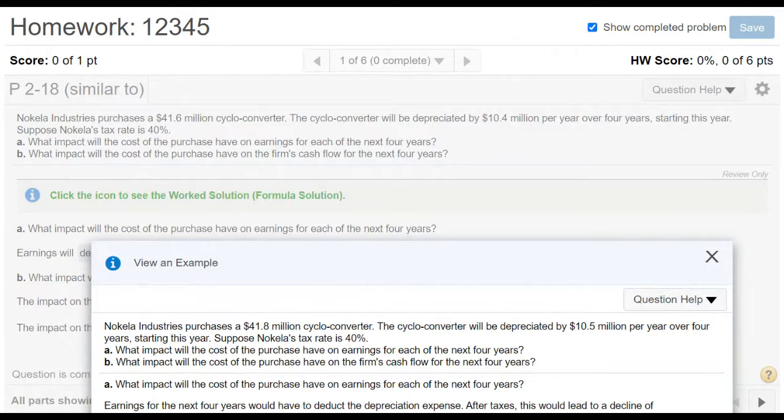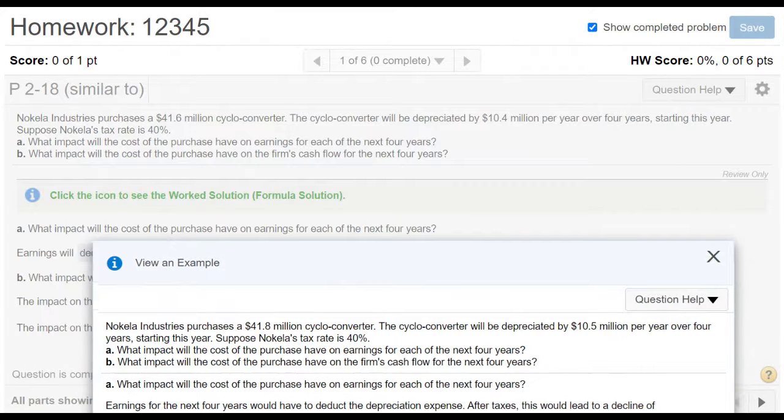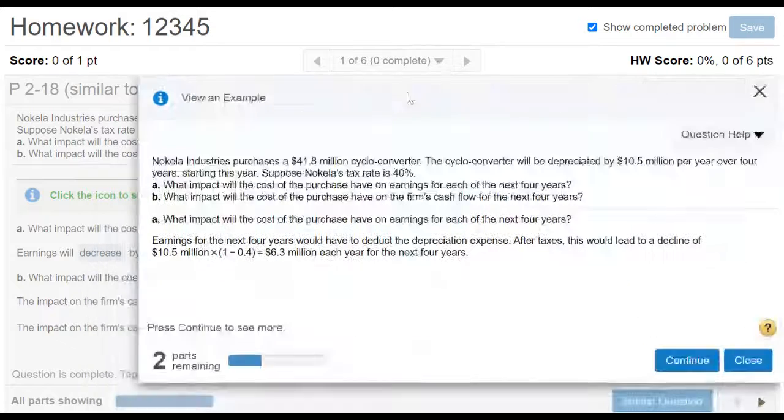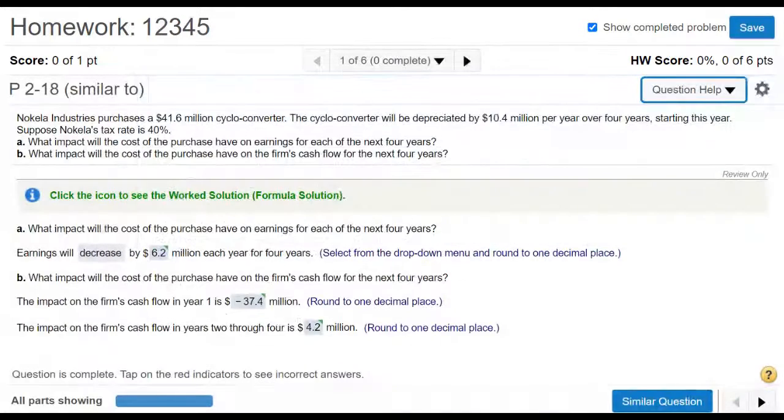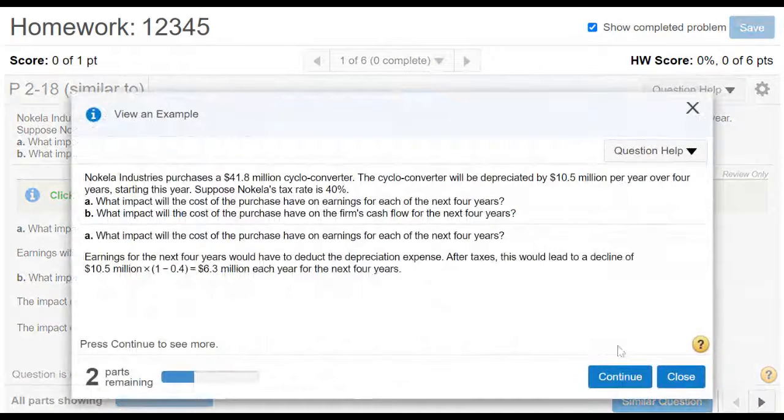So 10.4 times 0.60, right? And this answer is going to be negative, of course. Now, this right here, the impact on the cash flow is going to be negative. This stays positive, the impact on the cash flow. So it's going to look something like this.